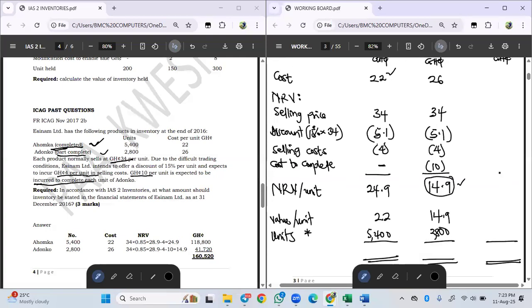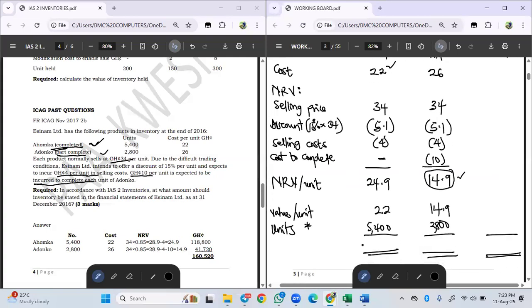The first one, for Ahunka, we have a total of 118,800, and for Adonko, we have 41,720.